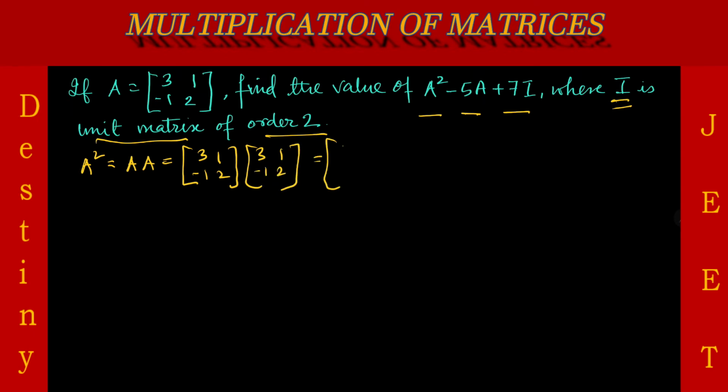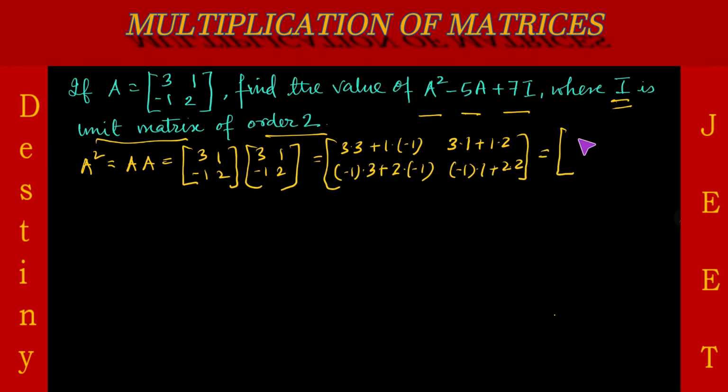This will give you 3 into 3 plus 1 into minus 1, and next 3 into 1 plus 1 into 2. Here we'll get minus 1 into 3 plus 2 into minus 1. Here we'll get minus 1 into 1 plus 2 into 2. And finally we'll get 8, 5, minus 5, 3.